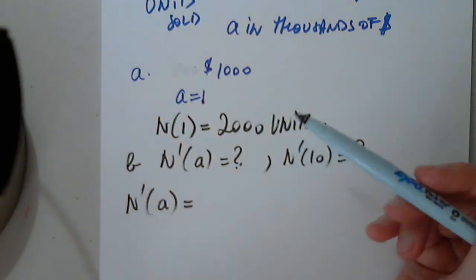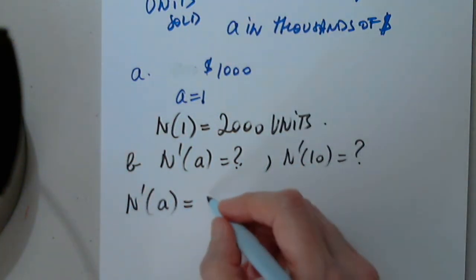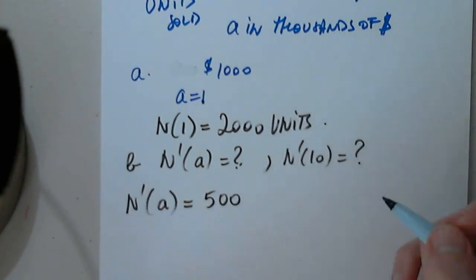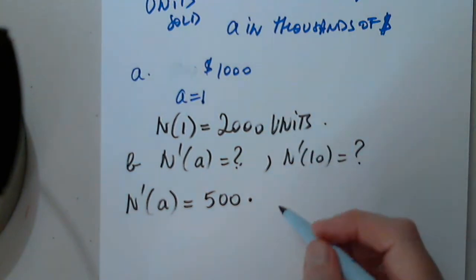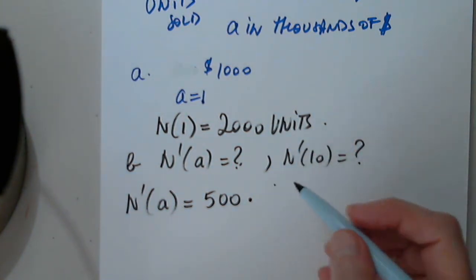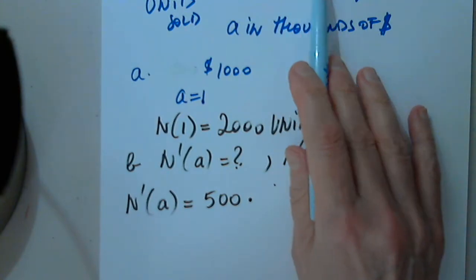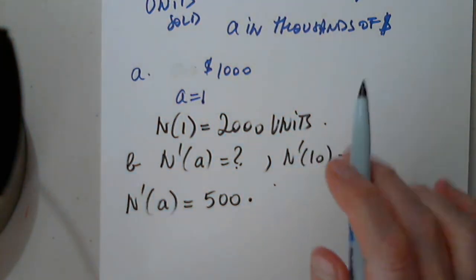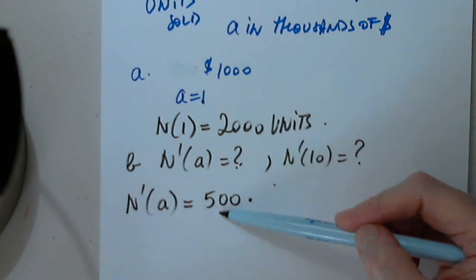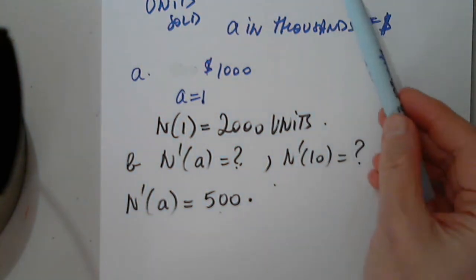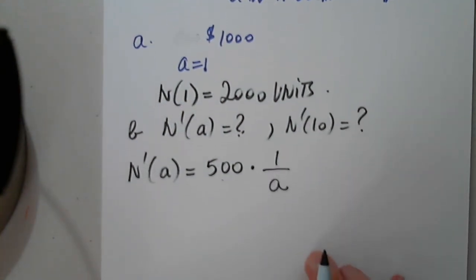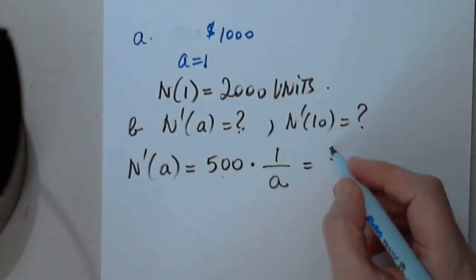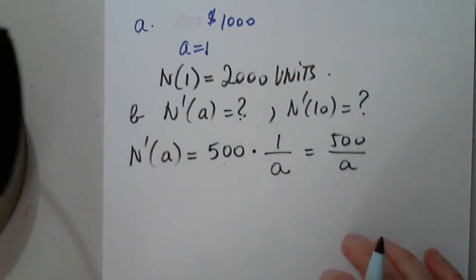First, the derivative of 2,000 is 0, so we cancel that out. And then for 500 times ln A, we'd use the product rule? This is a constant, so we don't use the product rule. A constant times a function is just a constant times the function prime. So natural log A prime will be 1 over A. So if you want it better condensed, 500 over A.